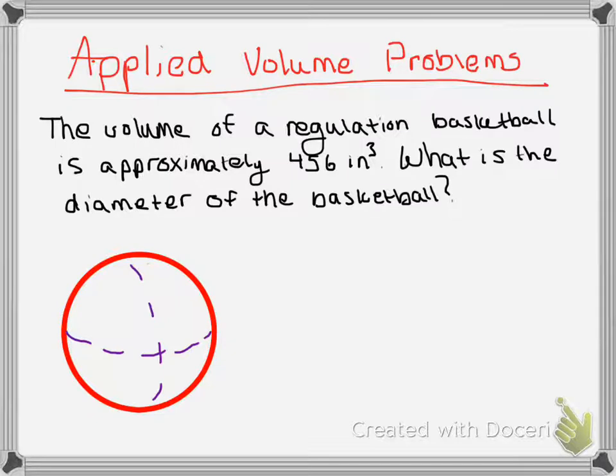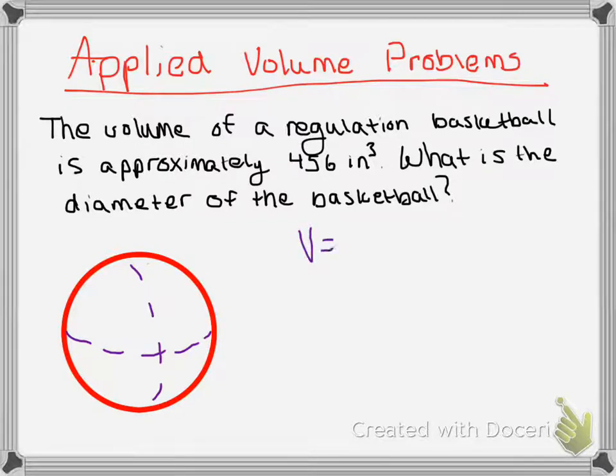Okay, so this isn't asking us to find the volume, they're giving us the volume. So we're going to be using the formula to figure out what the diameter is. So first thing you got to do, remember the formula for the volume of a sphere. Now you will have that available to you during the test, so you could look it up.